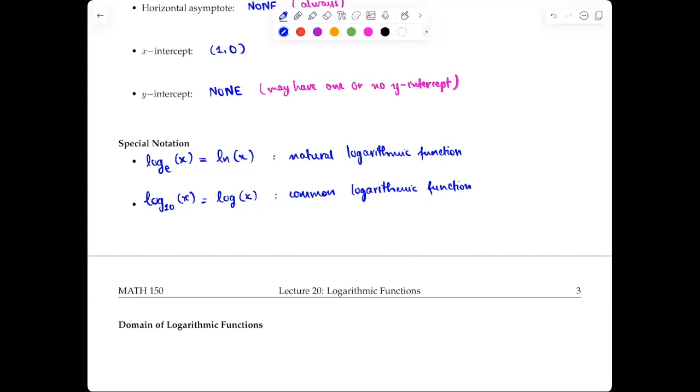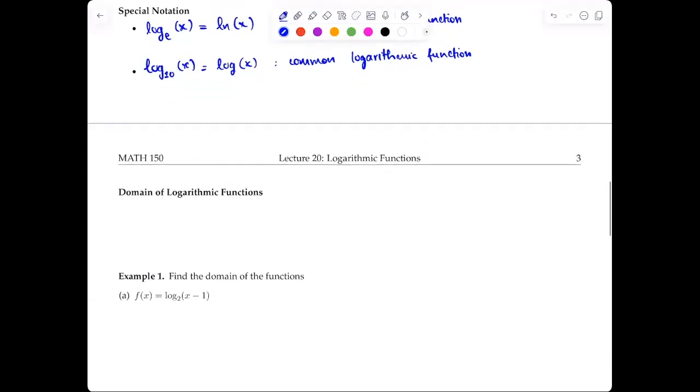Now, as I mentioned earlier, we care a lot about the domain of the logarithmic function. So the next concept, we're going to spend some time on finding the domain of logarithmic functions. If you have log base a of something, the logarithmic function has three parts: the log part, the base part, and whatever is attached to the first two parts.